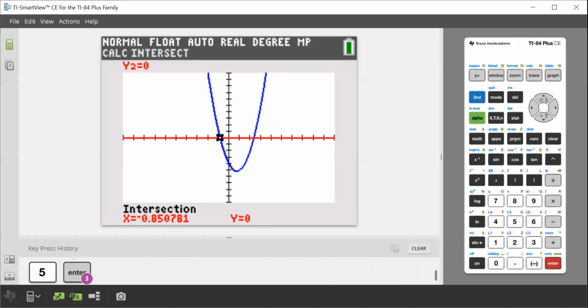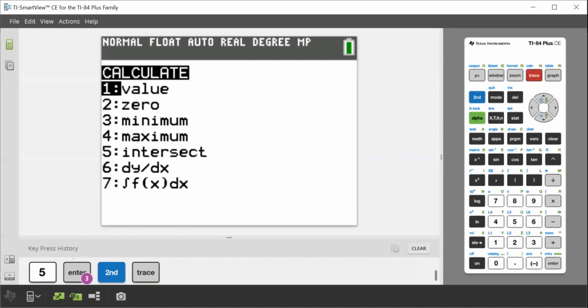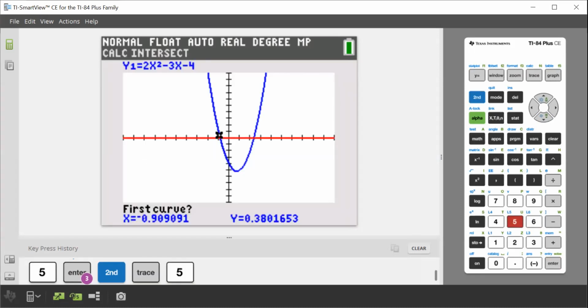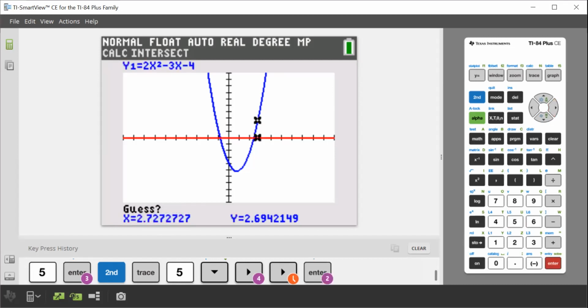There it is. Okay, it's a pretty ugly answer, negative 0.9. We'll just round to negative 0.9, okay? And then we go and do it again. Second, calc, intersect. And remember, all you got to do is just move your cursor closer to the other one. If it'll actually move for me, sometimes my emulator wants to be a pain in the butt. Enter, enter, enter, and 2.4.